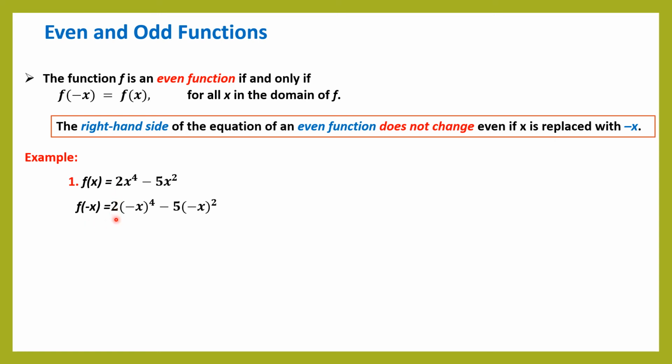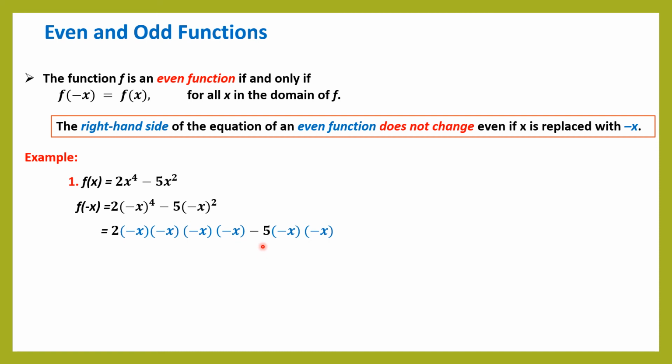So yung 2, copy lang natin. Yung x, papalitan na natin ng negative x. Then just copy yung fourth power minus 5, copy. Then yung x, we have to replace negative x. Then yung square, just copy. Simplify natin. So we'll have here 2. Yung negative x raised to the fourth power ay negative x times negative x times negative x times negative x.